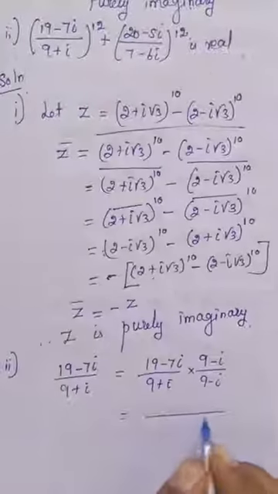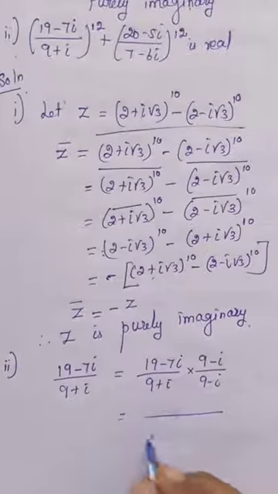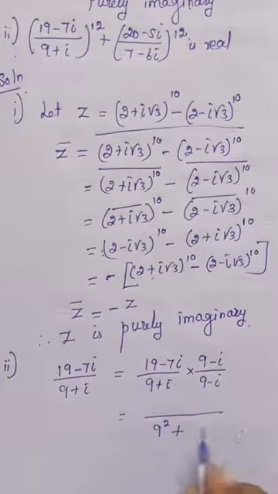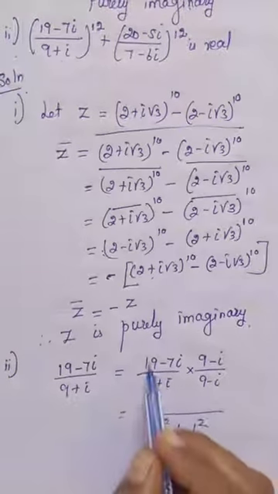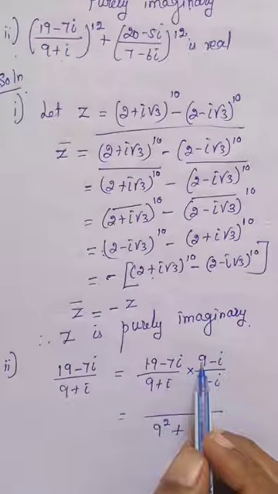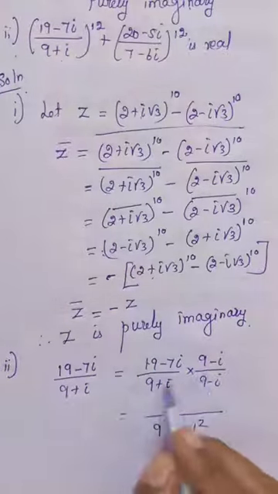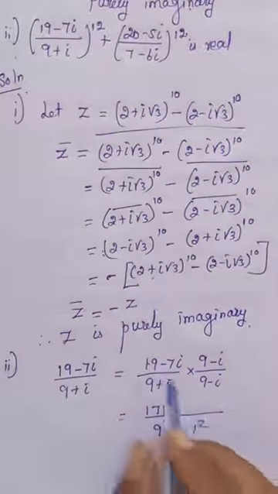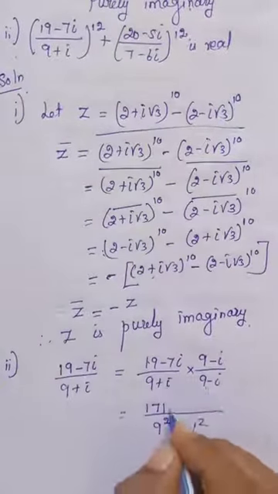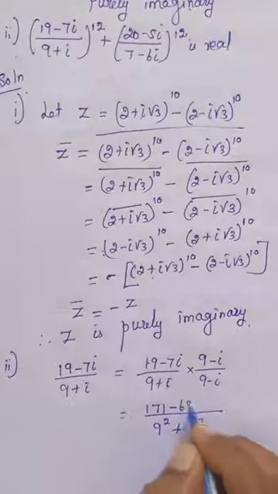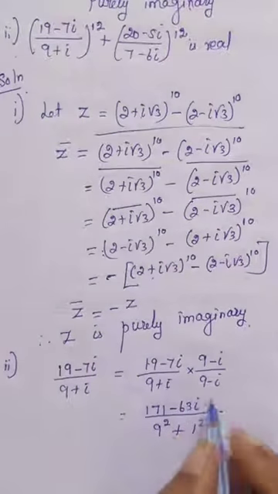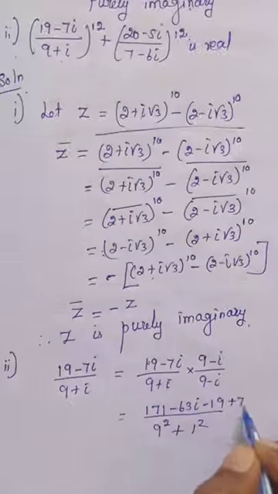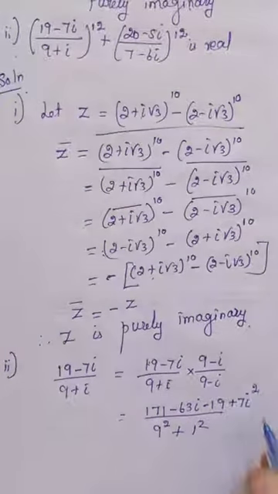See the denominator: 9 square plus the value of y is 1, so 1 square. Then 19 into 9 is 171, minus 63i. This is minus 19i, and minus into minus plus 7i square.